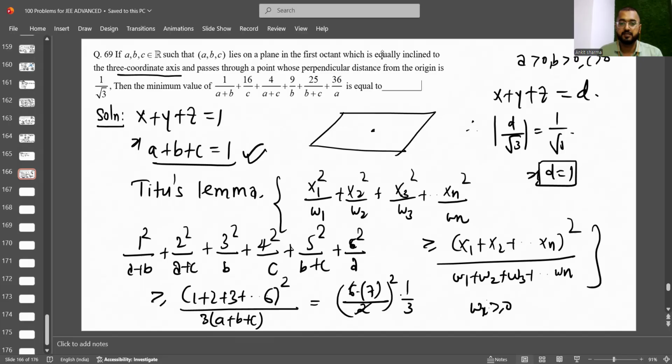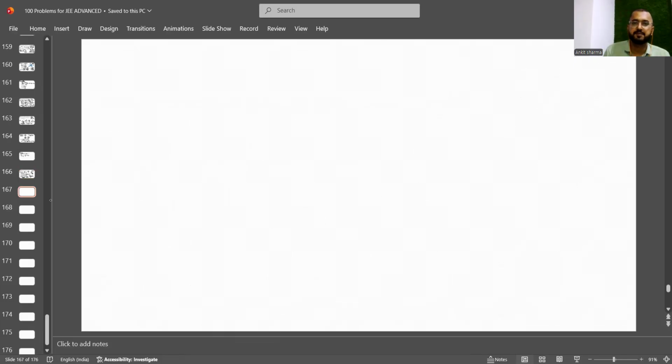So this is 21 square over 3, which gives 3 square into 7 square over 3. So this and this get cancelled, and I get 49 into 3, so it's going to be 147. So the answer is going to be 147. Let's go for the next problem.